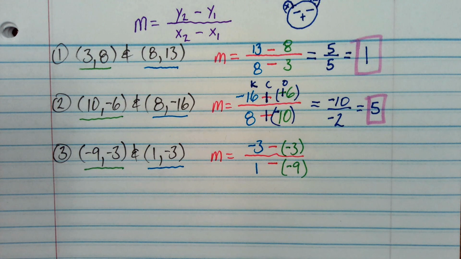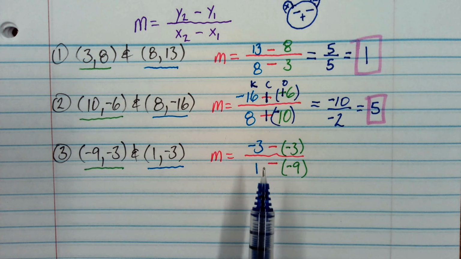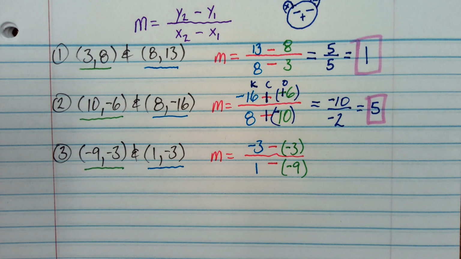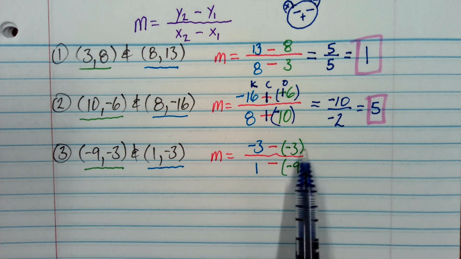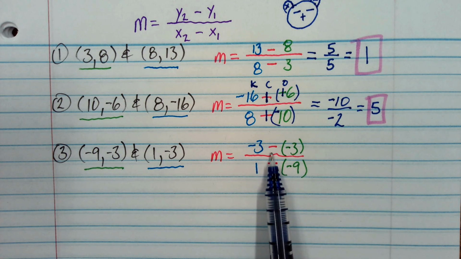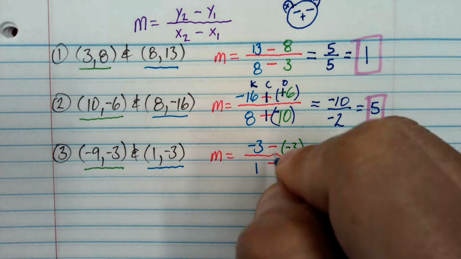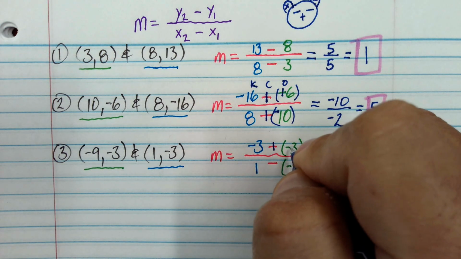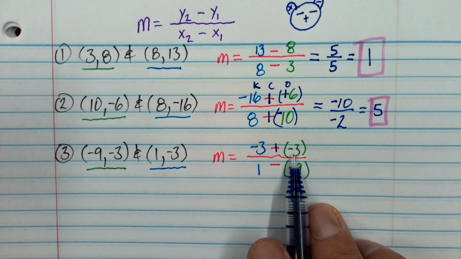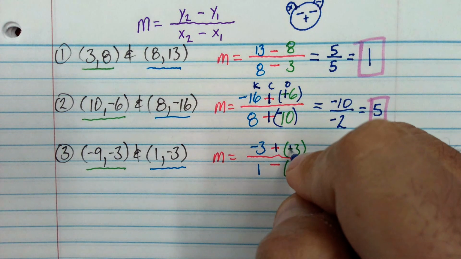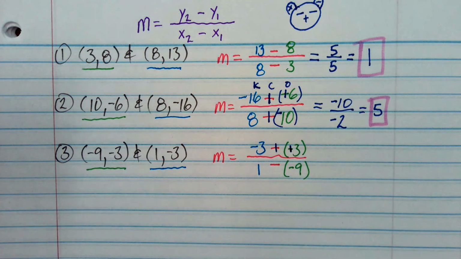Okay. And we want to do the same thing. Whenever I see negatives, I'm going to just change it to addition. So if I KCO this thing, negative 3 minus negative 3, what does it become? Negative 3 plus, how about here? Positive. So I just make a little plus sign there, indicating that's a positive now.